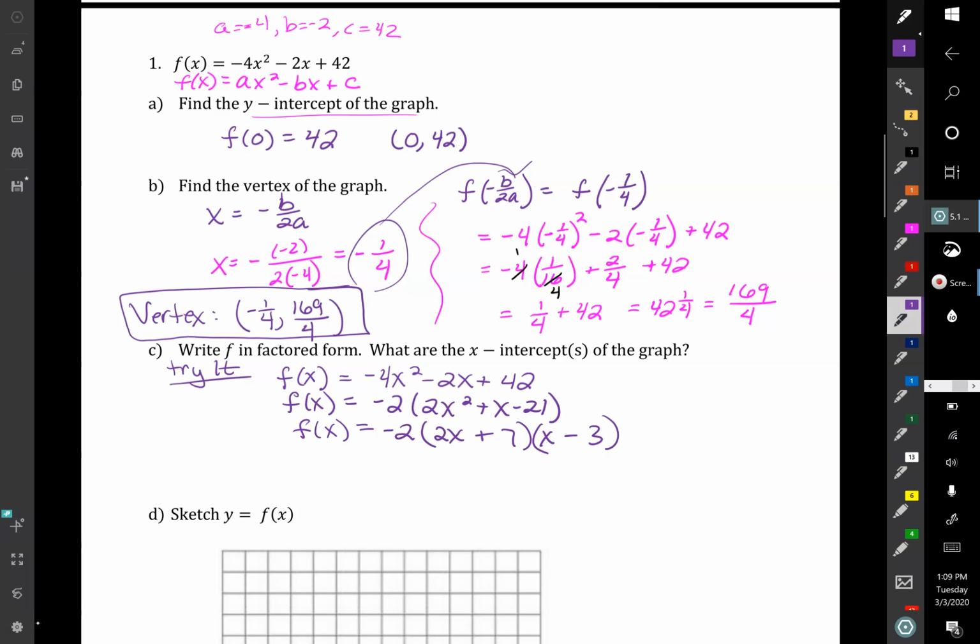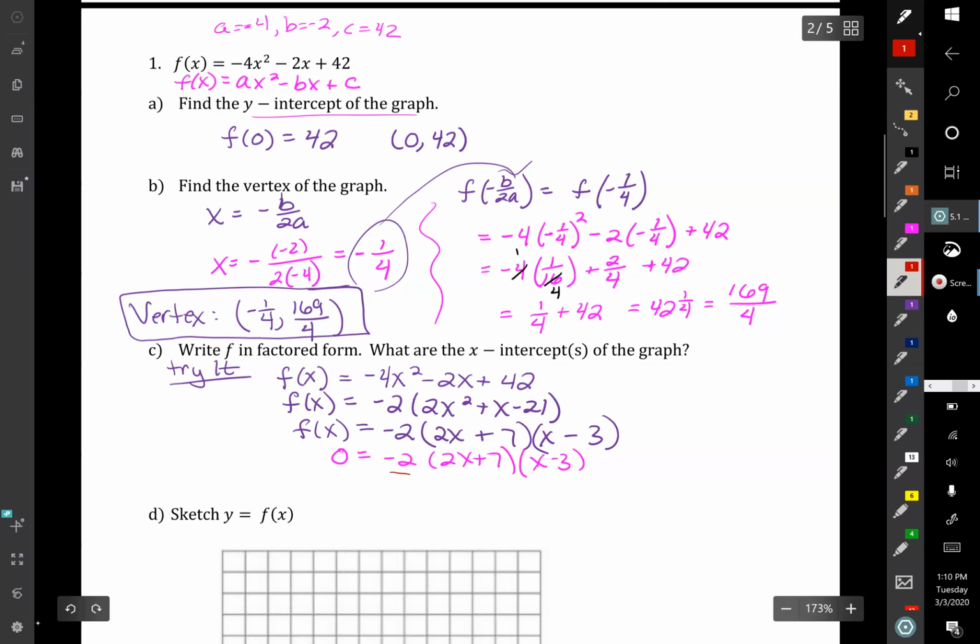So those are my factors, and then set each factor equal to 0. So the -2, or set the whole equation equal to 0 actually. 0 equals -2 times 2x plus 7 quantity x minus 3.